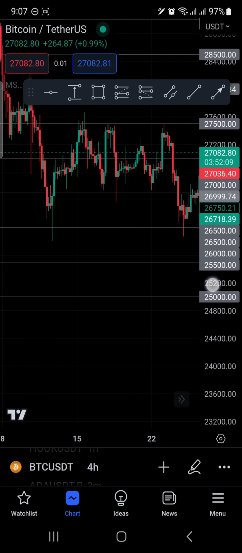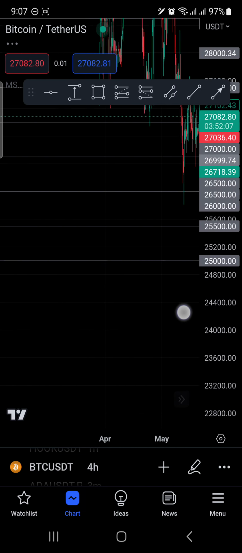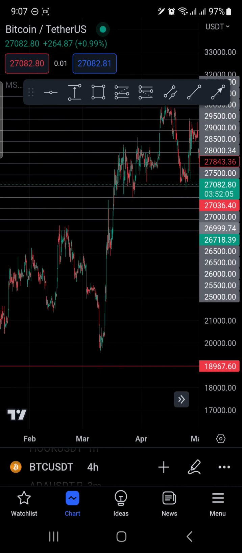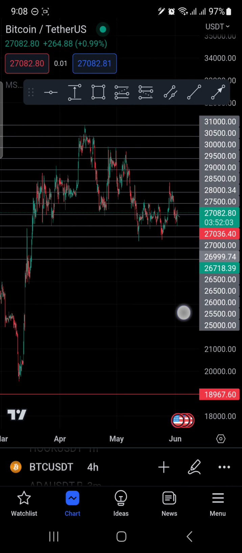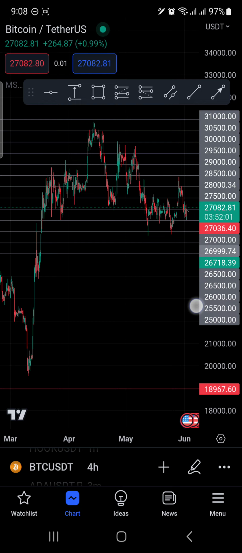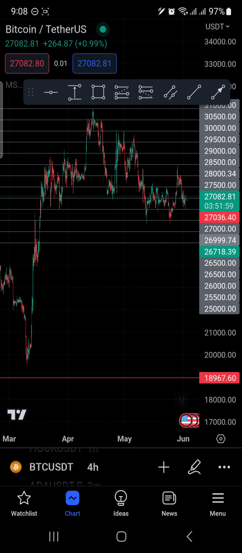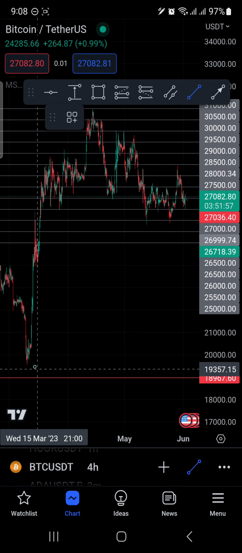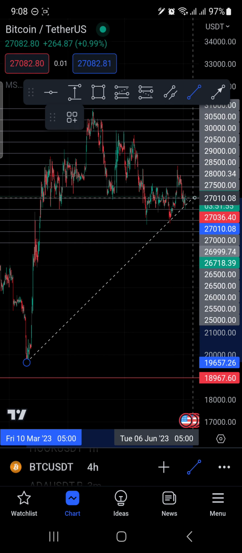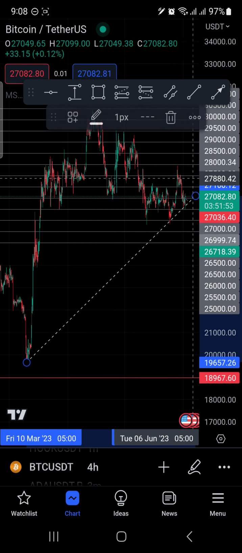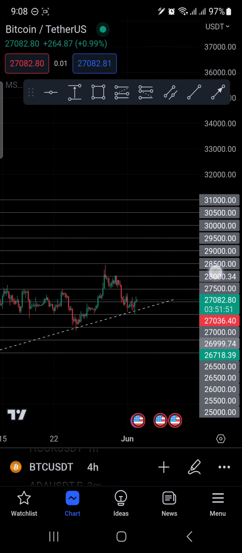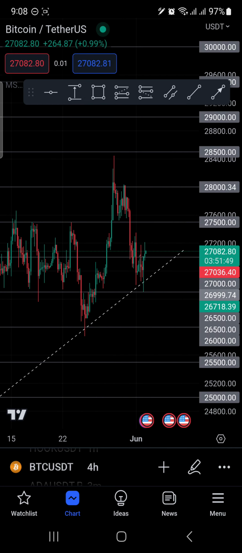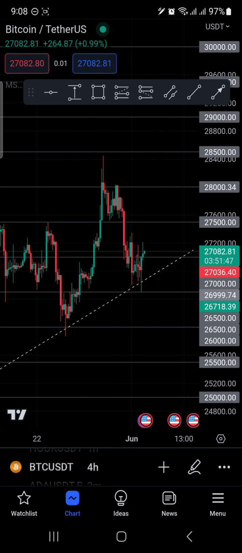Now looking at this, let's see, do we have any trend line we can put up? Okay, let's use this. Yes, beautiful. That's what gives birth to that support.